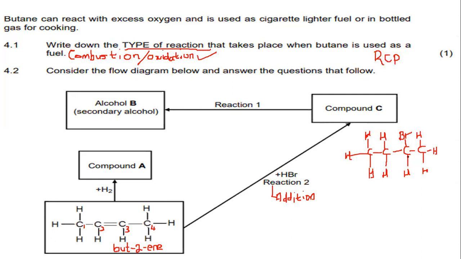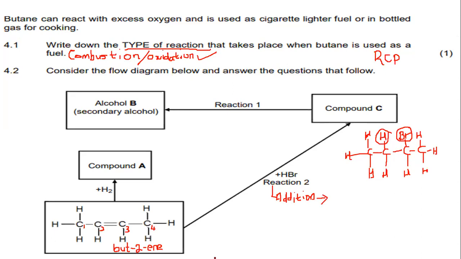And then on carbon number 3, I have a hydrogen in addition to the original hydrogen altogether. In other words, I have added that H and I have added that Br. And the rest of the hydrogens were originally there. And that is why we say this reaction is an addition reaction.